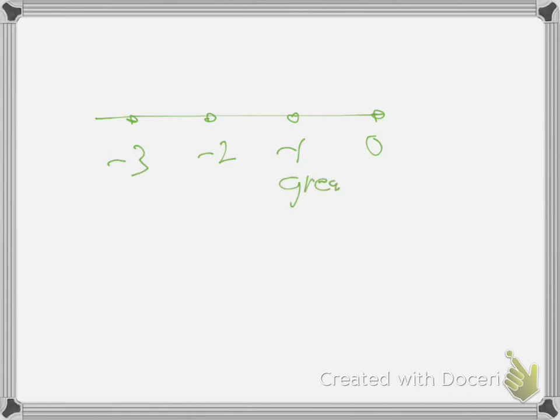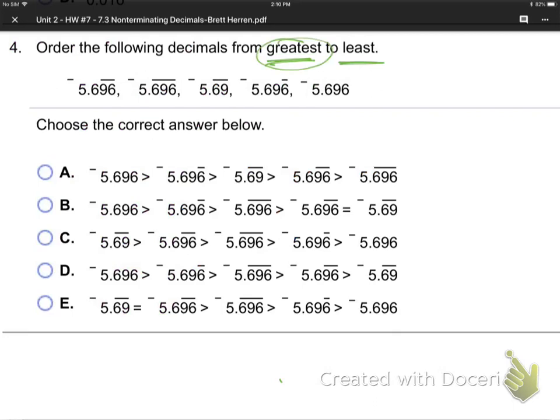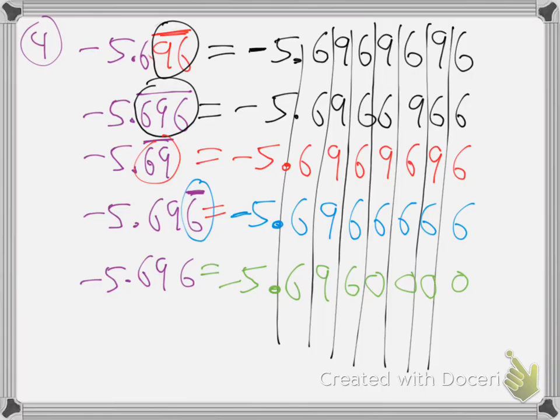The negative 1. He's the furthest to the right. And this is the middle, and this is the least. So the most negative is the least, right? If you're $3 in debt, you've got the least amount of money. If your friend's only $1 in debt, they're doing better than you, right?